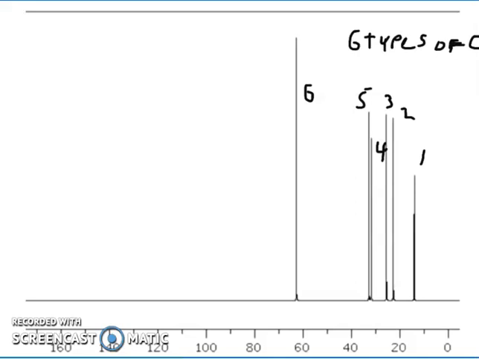But you might also notice that signal 6 is a little bit further downfield, so it probably has an electronegative atom on it. If we looked at our correlation chart that we just looked at, that's in the range of a carbon-oxygen bond, and this is actually the C-13 NMR spectrum of hexanol, 1-hexanol.